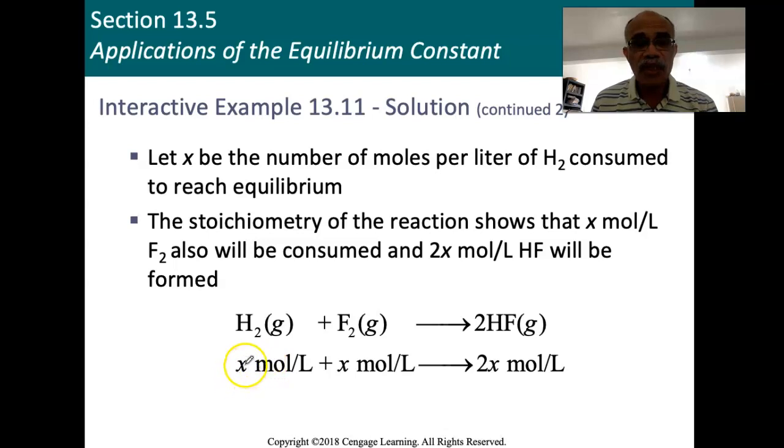So here's the stoichiometry. X mole, if this is consumed, that will be formed 2x according to the stoichiometry.